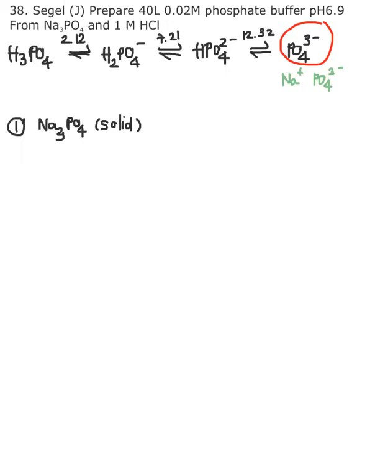To raise the pH to 6.9, because we're starting from base, first you need to change PO4 3- back to HPO4 2-, and then at pH 6.9, you have to further change HPO4 2- to H2PO4-.